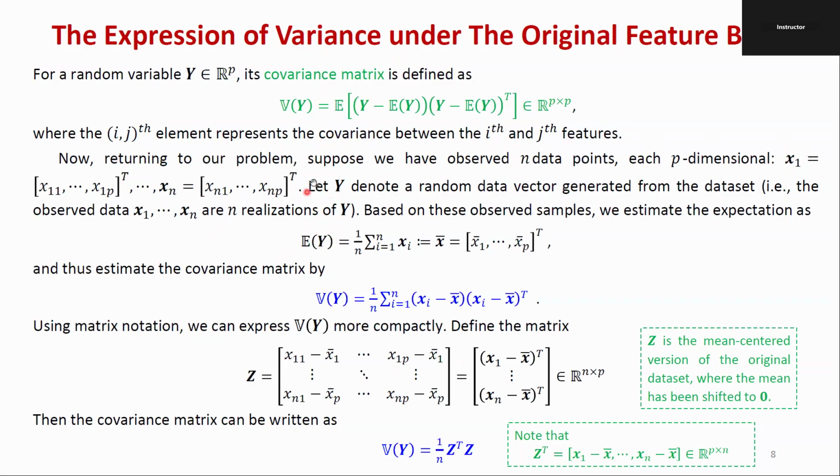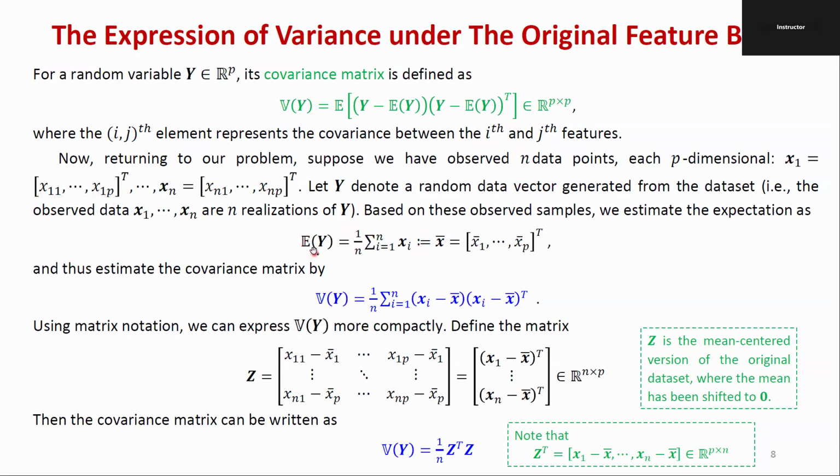So first of all, in order to get this variance of y, where y is a random variable, I assume all those data are generated from the same source, the same distribution. First I need to get the EY, and by definition it is nothing but the average of these n data points. It has p dimensions. Be careful because each data point has p features.